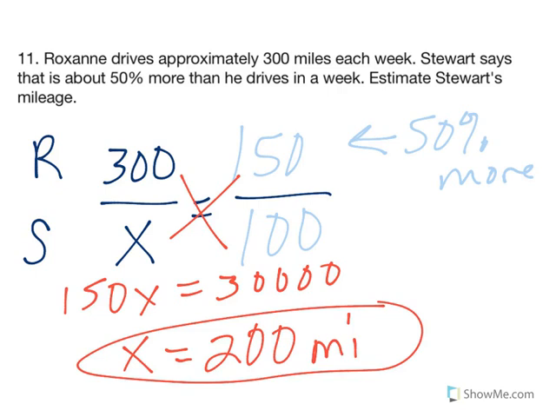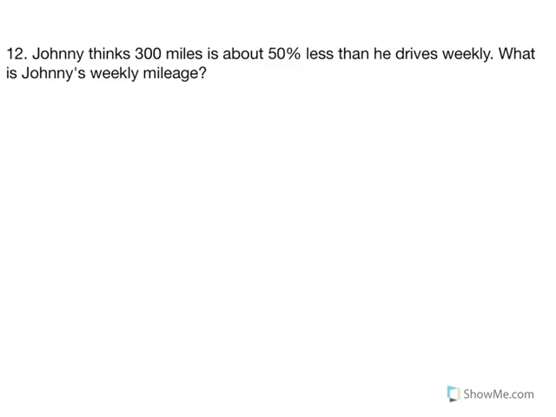Okay, so you've got to be careful when you're talking about that. That is 50% more than what he drives, because which one is 150, which one is 100 makes a big difference. Okay. Number 12, Johnny thinks 300 miles is 50% less than what he drives weekly. What is Johnny's? Okay, so now we're comparing Johnny to Roxanne, because again, Roxanne is driving the 300 miles.